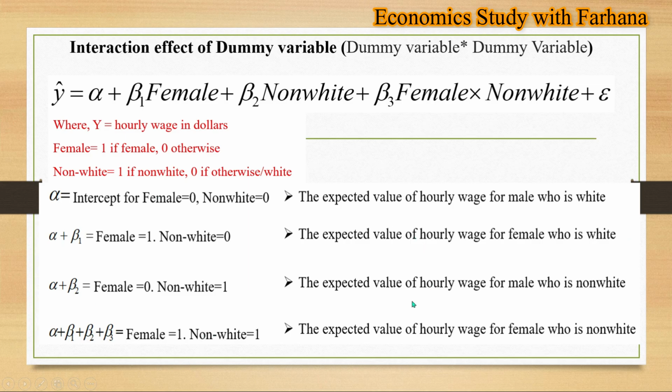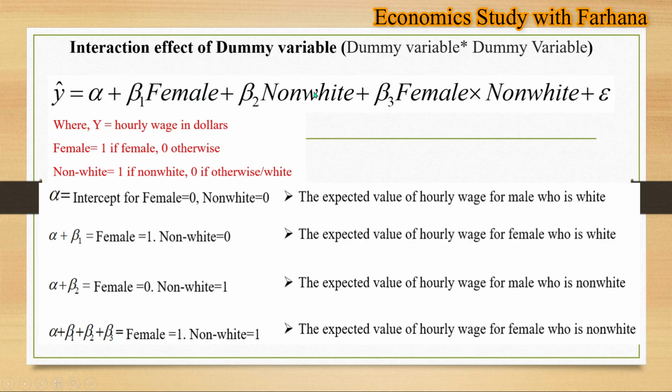If we want to find the hourly wage for a male who is non-white, that means when female equals 0 and non-white equals 1, the value would be alpha plus beta 2. The calculation would be the same. As female equals 0, the beta 1 value would be 0.